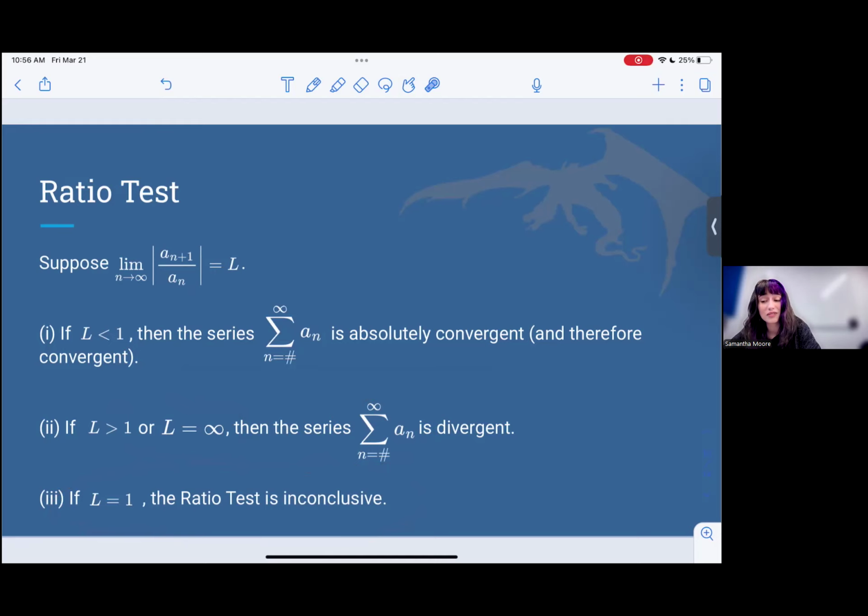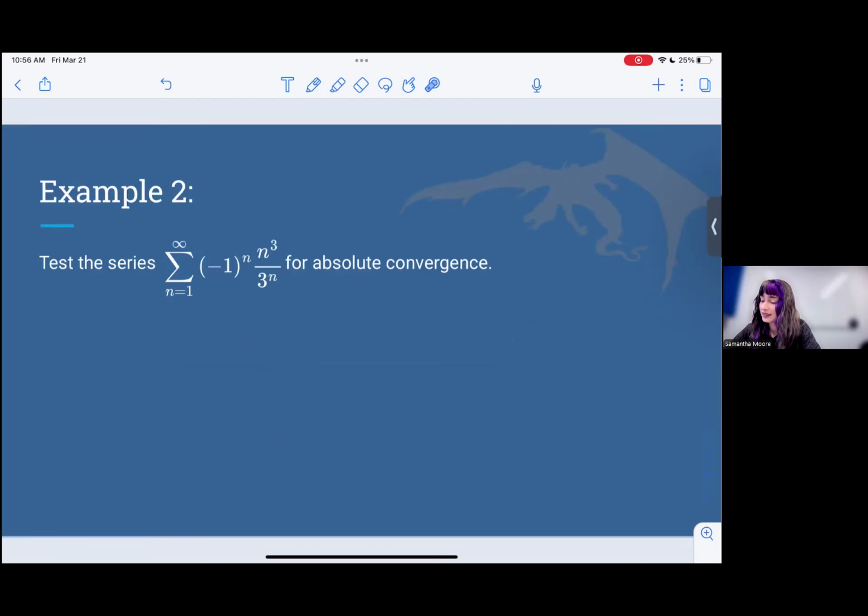Okay, so let's see an example of this in practice. So if we look at the series, the sum from n equals 1 to infinity of (-1)^n n cubed over 3 to the n, let's see what the ratio test has to say about that.